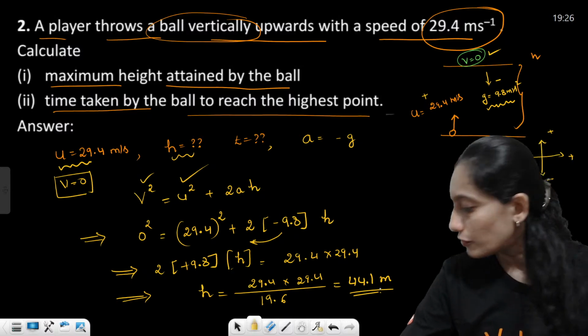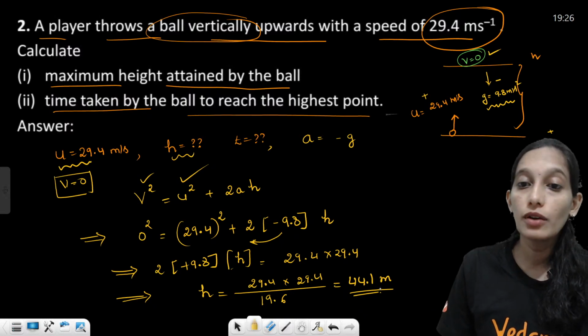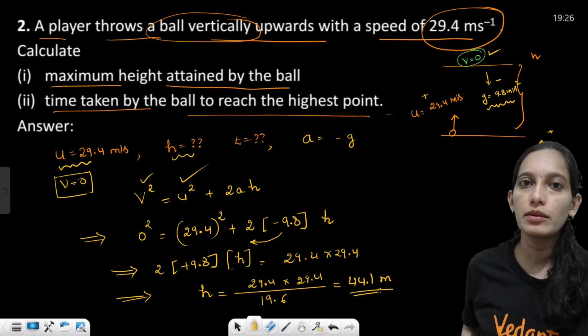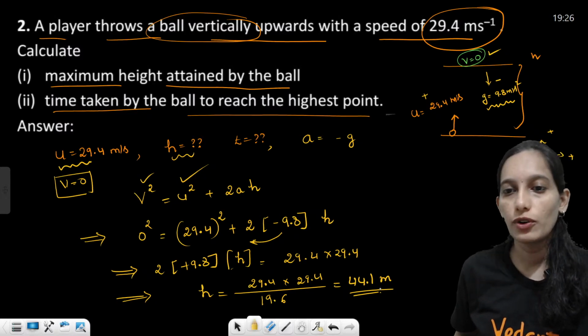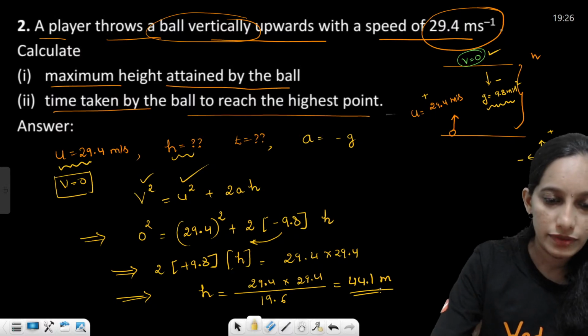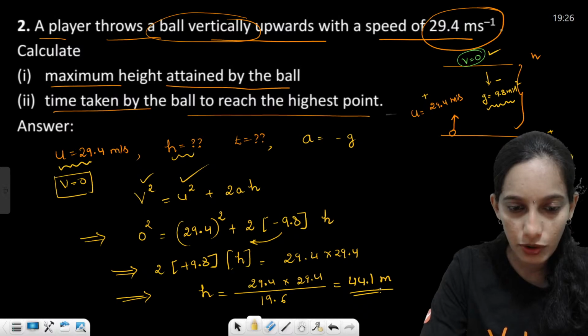So 44.1 meters will be the height. What is the height, the maximum height the ball has reached? It is 44.1 meters. If some of you have tried, you can answer to me in the chat box whether you have got it or not.